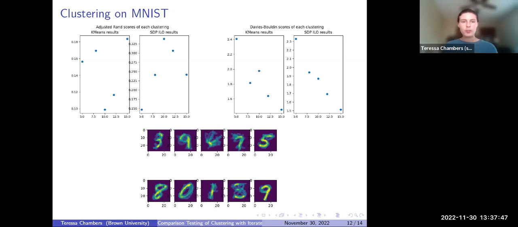But the algorithm did perform noticeably better than k-means, particularly when it did have the ground truth to compare to. So ground truth would obviously be the labeling of each digit according to where it belongs. And the correct number of clusters to look for in a randomly selected set of digits would be 10.